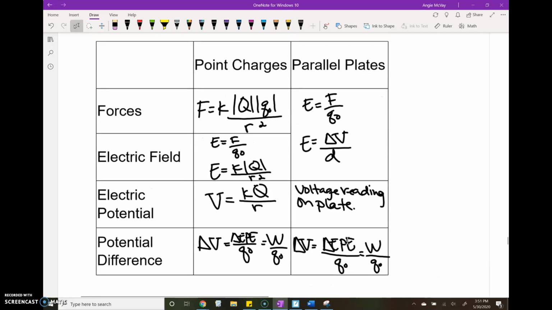Okay, and then finally, I would like to have us develop one more graphic organizer for charges. So we'll look at forces acting on point charges versus forces, voltage and electric field due to parallel plates. Okay, so let's look at forces first.